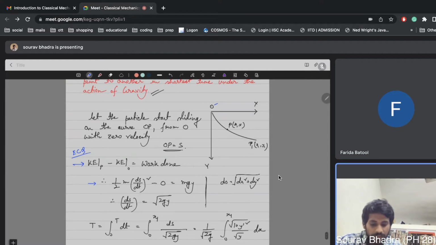The kinetic energy difference between point P and O is half m v square. Here v means ds/dt, where ds is the elemental length of the path.